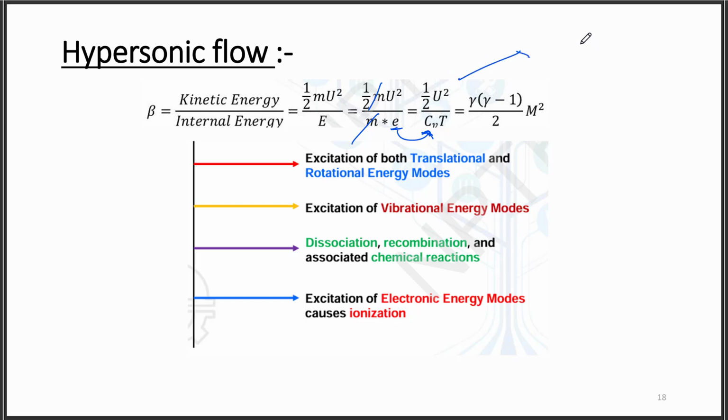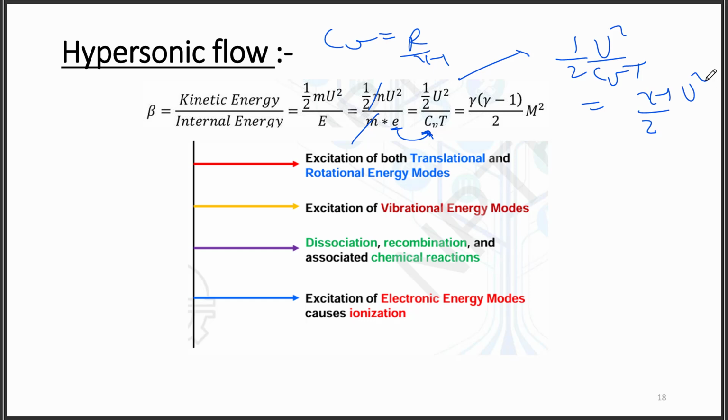So we get half u square upon Cv T, and Cv is nothing but R upon gamma minus 1. So it can be written as gamma minus 1 upon 2 u square upon RT. We multiply gamma in the numerator and denominator, so we get gamma minus 1 upon 2, and gamma RT is nothing but a square. So u square upon a square is the Mach number square.